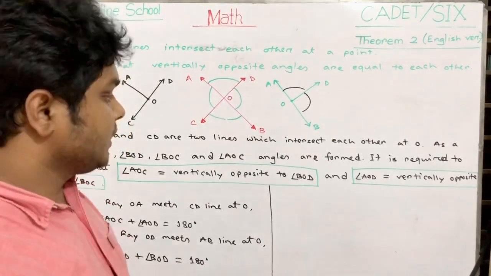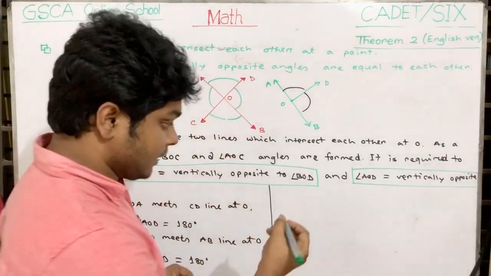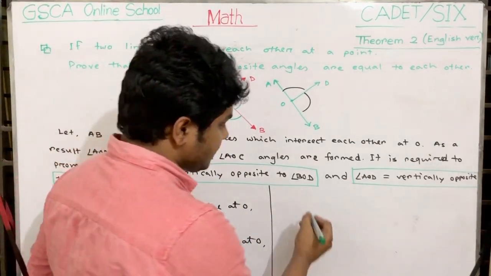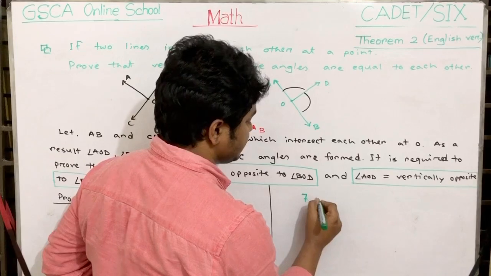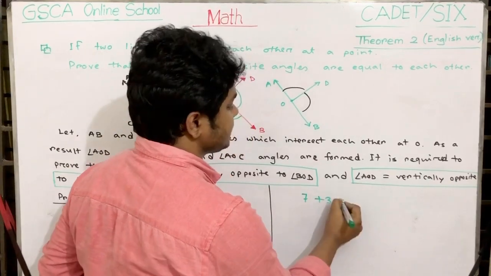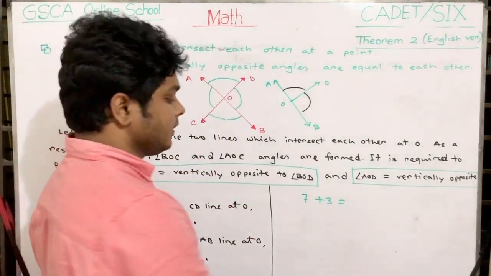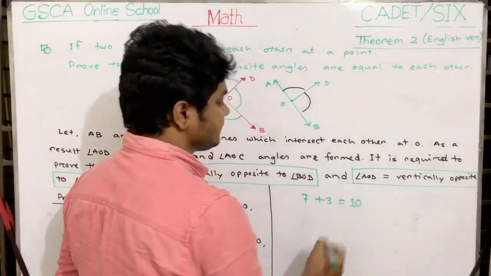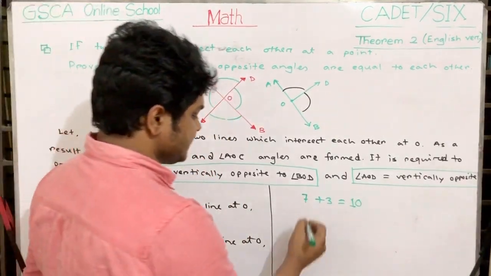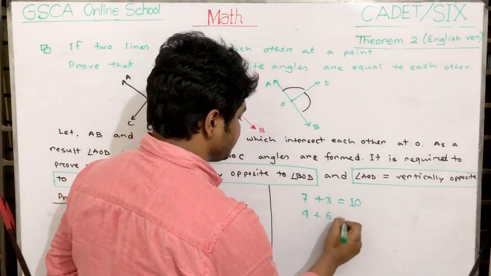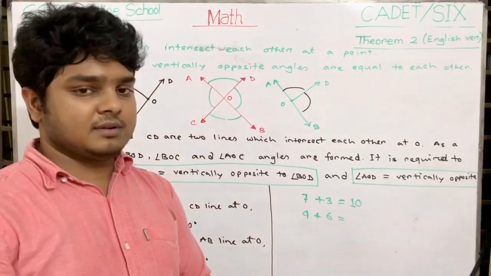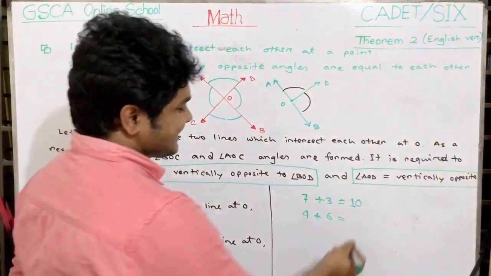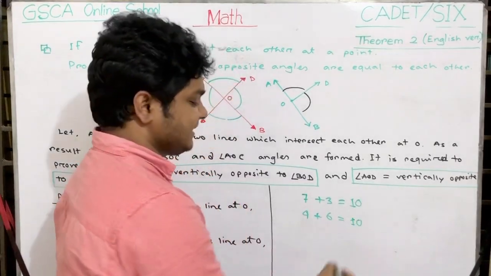Now one thing I will clarify. Suppose I ask you, 7 plus 3 is equal to what? Your answer will be 10, right? If I ask you 4 plus 6 equal to what? The same question, and the answer is the same, it's 10.